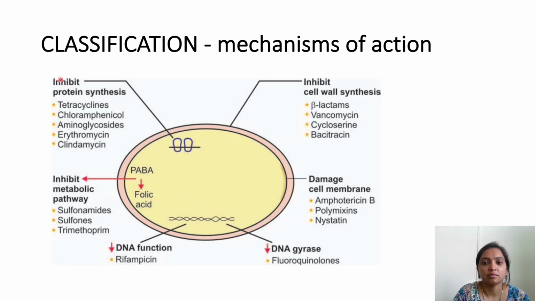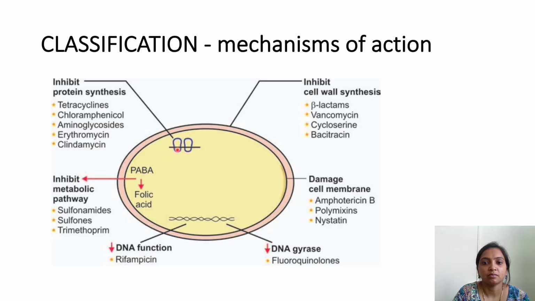The last class is inhibition of protein synthesis. Protein is synthesized by reading each codon, and this happens mainly in the ribosomes.